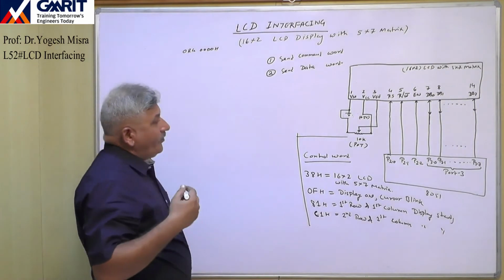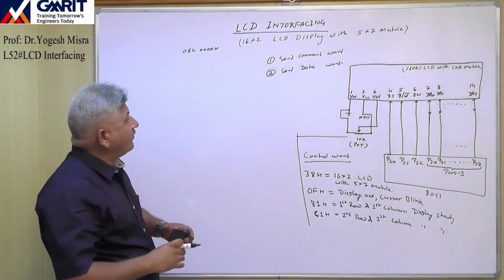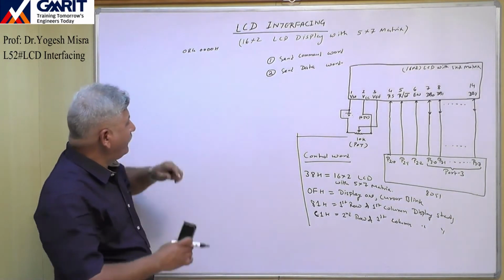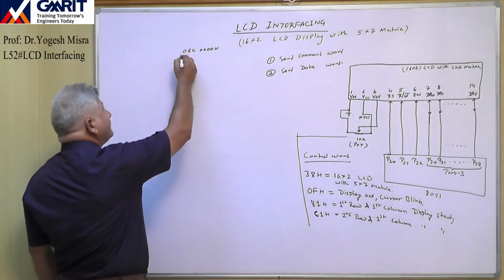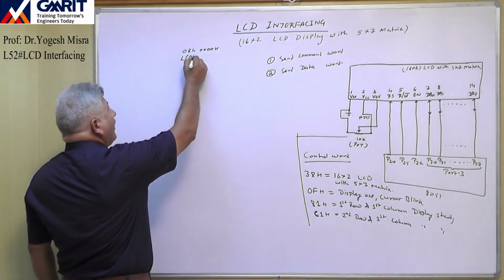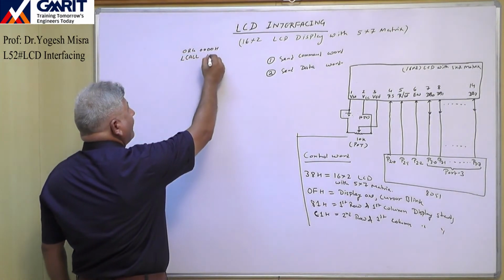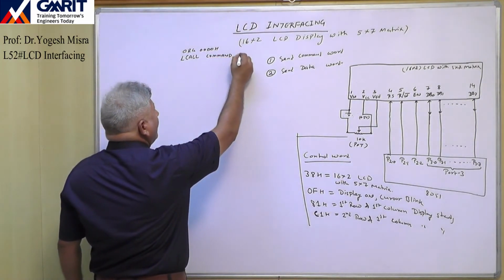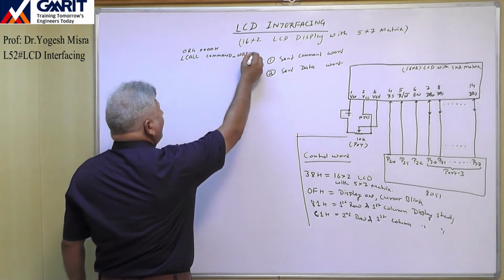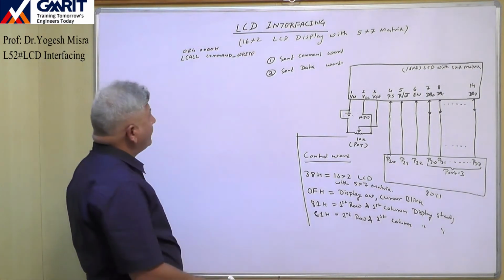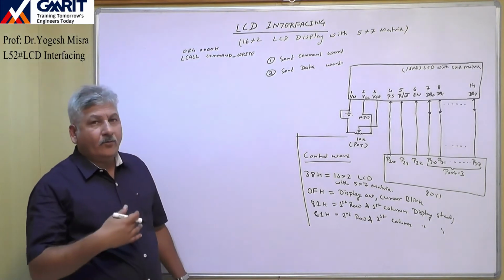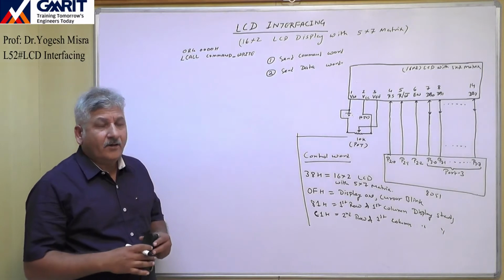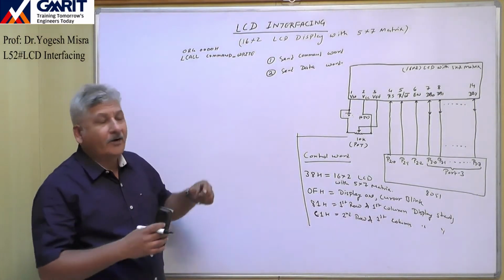When we turn on our microcontroller, our controller will go to the 0000H location, and here the first instruction I will write is lcall command_write. I will transfer the sequence of my program to a subroutine where I have written the instructions for writing the command word.